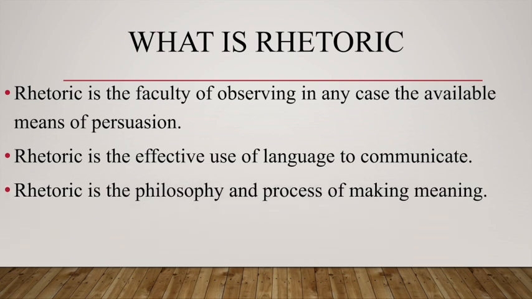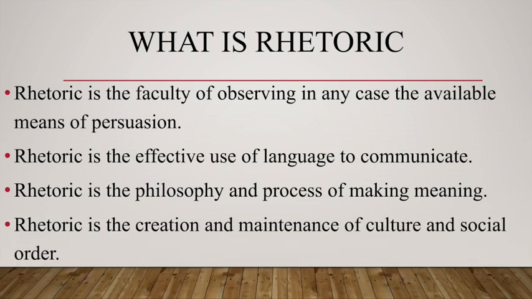We also talked about rhetoric as the philosophy and process of making meaning. So, how do we use language in order to make meaning? And that leads us to rhetoric as the creation and maintenance of culture and social order. So, all of these things are indicative of how we understand this idea of rhetoric or the use of language.